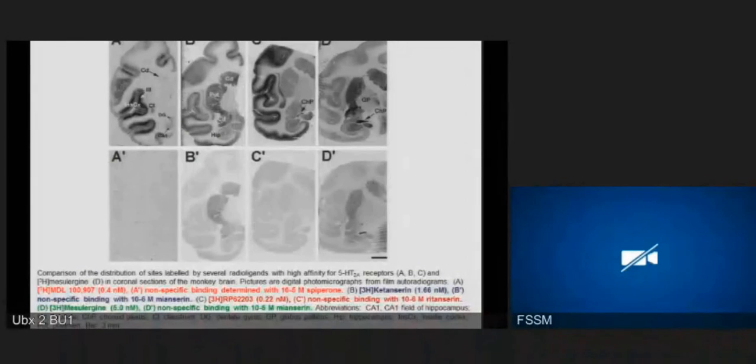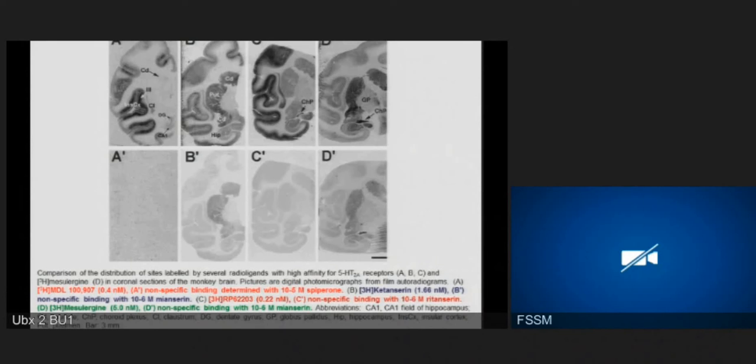But in A, you can see that the labeling is sharper, more precise compared to something like C, where this is fuzzy. Moreover, in B, you are labeling the caudate putamen, while in A, you are not, or very poorly labeling the caudate putamen.